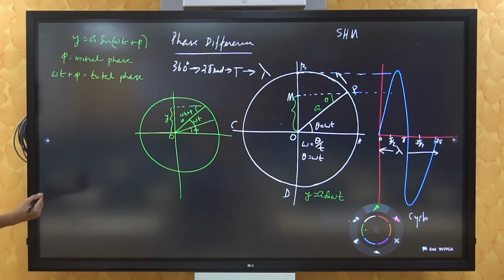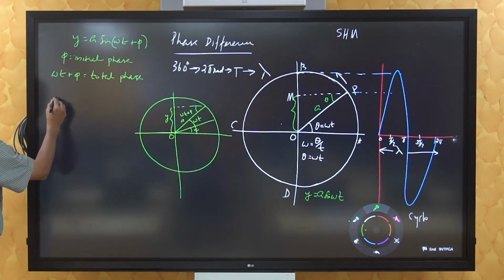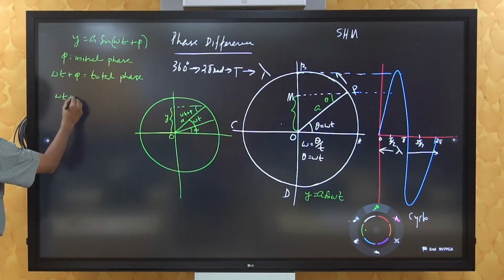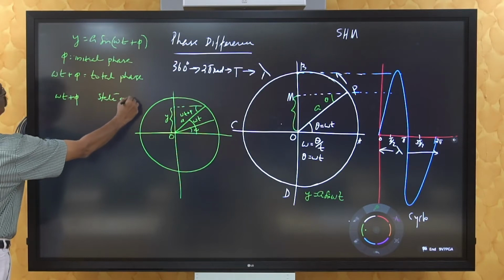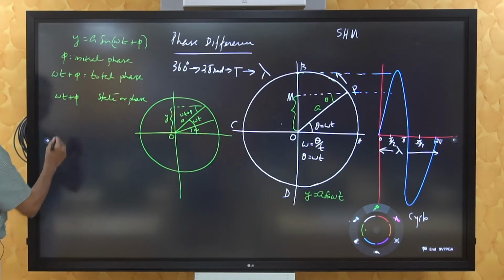Now we see the value of phase and its state. So here comes omega t plus phi. Here we consider the state or phase.